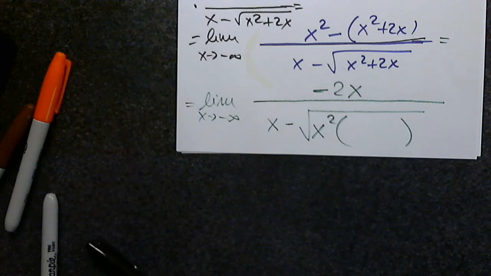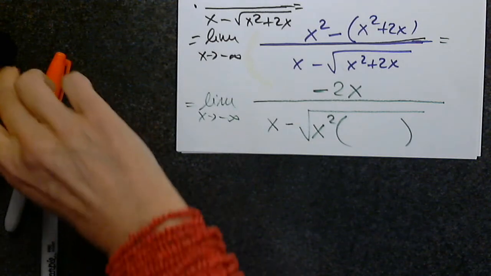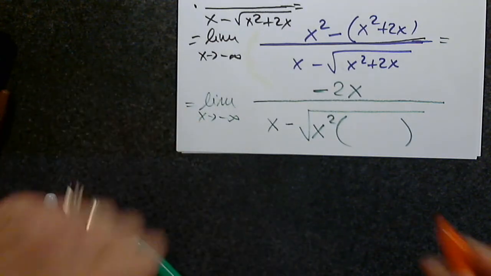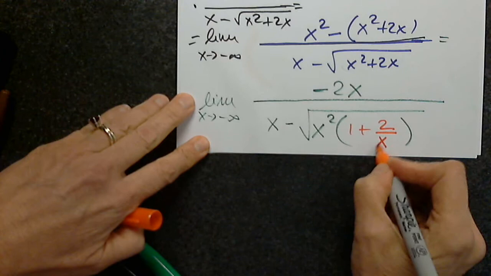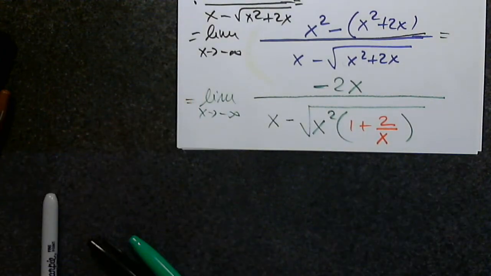But since the degree is 2, I factor out x squared. So please tell me what is left in parentheses. 1 plus 2 over x is negative 1. Perfect. Very good. So indeed, let's check this. X squared times 1. X squared times 2 over x. Simplify 1x and you get 2x. Is this okay? Okay.